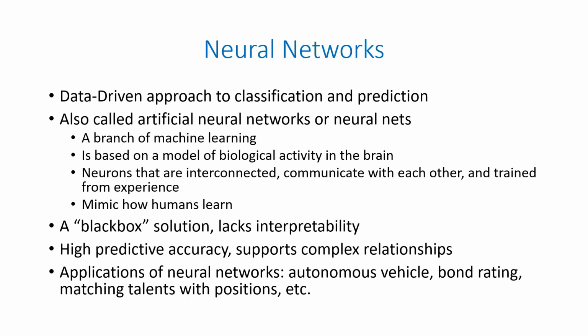Neural networks is an important branch of machine learning, which mimics the function of the human brain to learn relationships and patterns in the data. In fact, as its name suggests, the technique is based on a model of biological activity in the brain, where neurons are interconnected and communicate with each other to facilitate learning and decision-making.